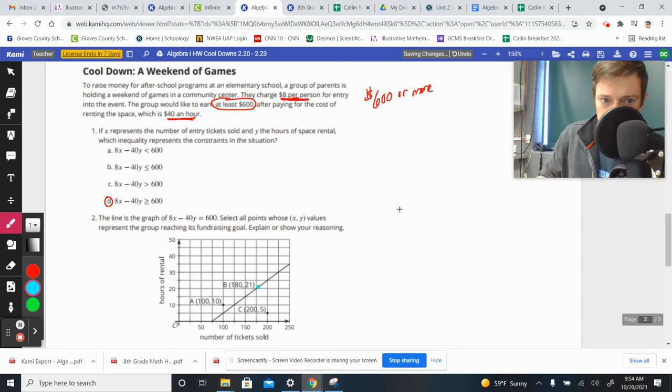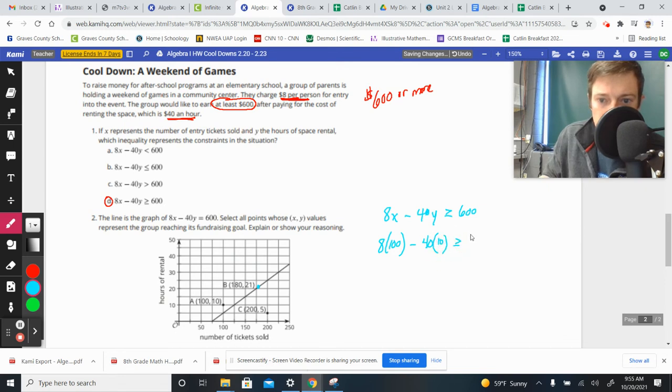To show that, we're going to do 8x minus 40y. We're looking for it to be bigger than 600. Sorry, that's a 40. All right, so let's plug in. Let's try A. It's got really easy numbers, 110. That's going to be good. So 8 times 100, replacing x with the 100 from that ordered pair, and then 40 times the y, replacing the y value from that ordered pair in y's place.